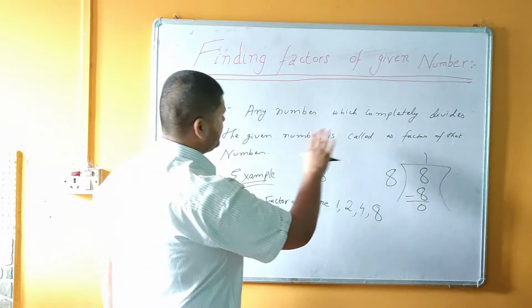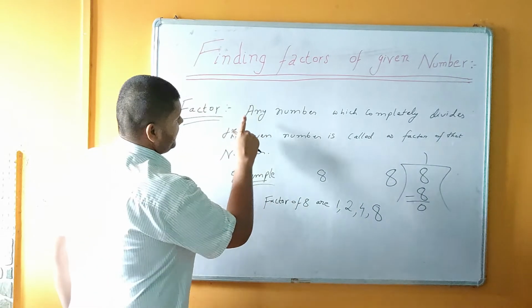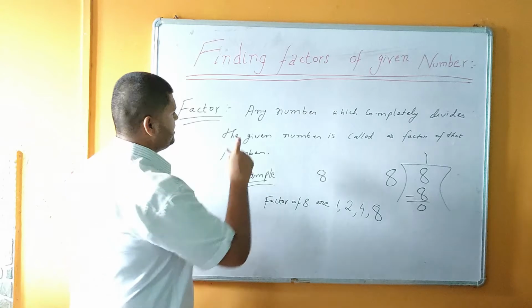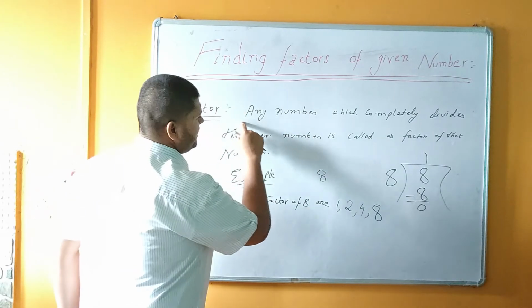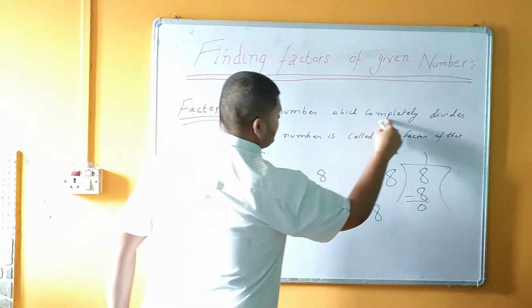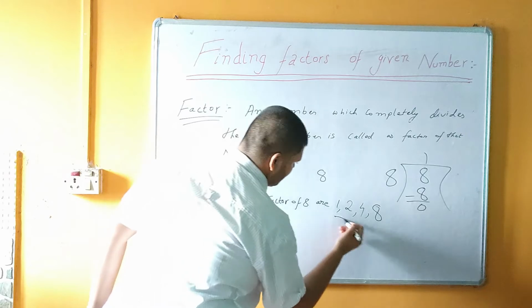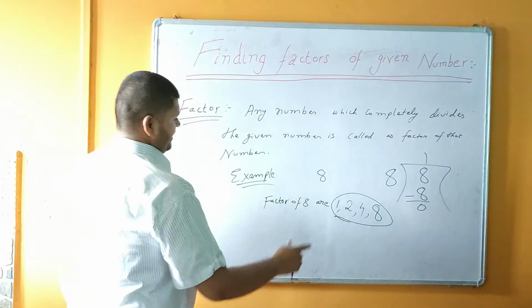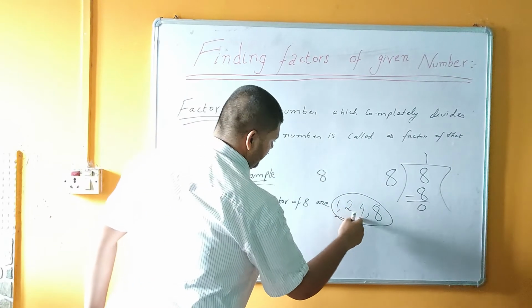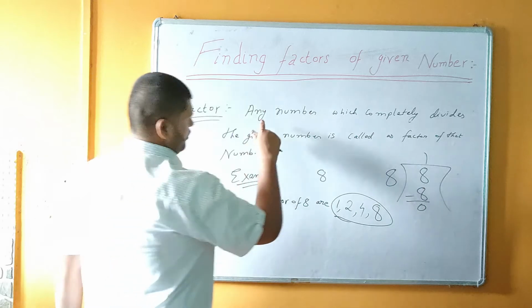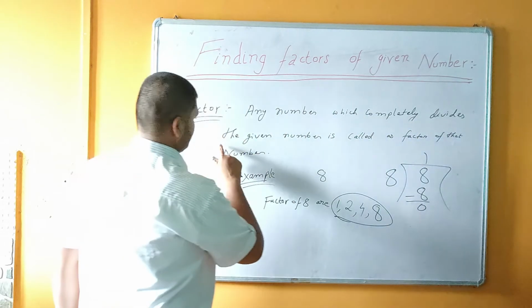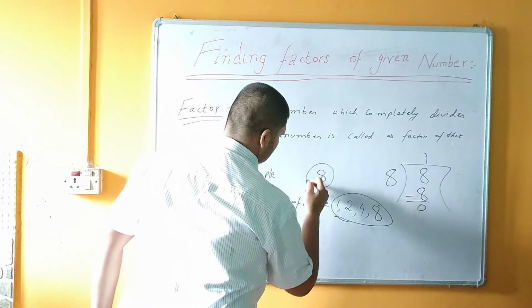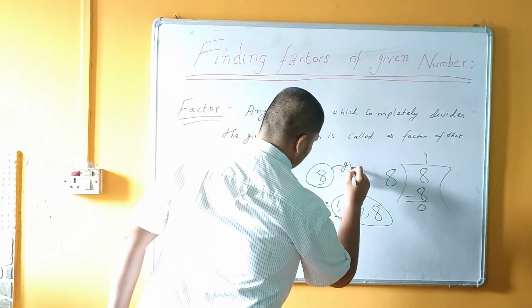You can see in the statement, it is very clear. Any number which completely divides. Any number means these are the any numbers, either 1, 2, 4, 8, these are any numbers which completely divide the given number. The given number is this one.